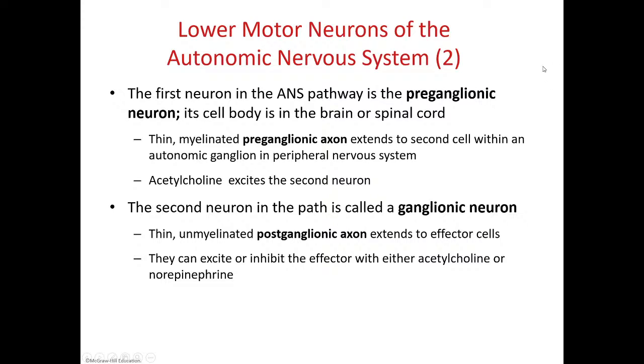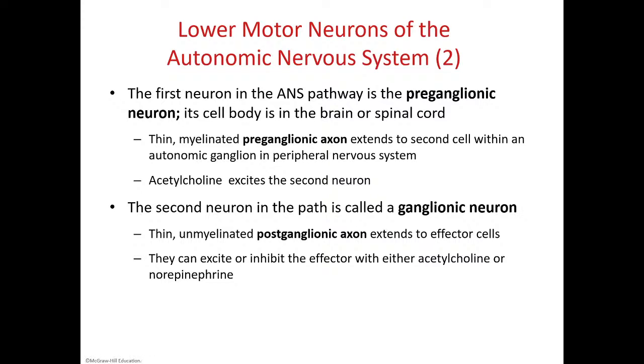All right, so the first neuron, as we said, is the preganglionic neuron, and its cell body is in the lateral horn of the gray matter in the spinal cord. It is a myelinated axon that extends to the second cell, which is found in the autonomic ganglion in the peripheral nervous system. So peripheral nervous system, again, that's outside the spinal cord.